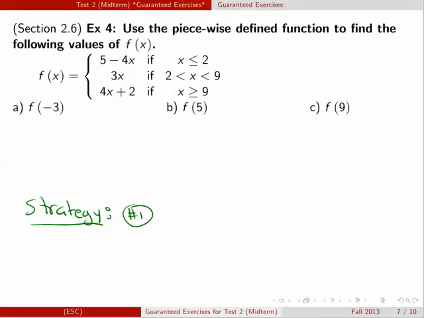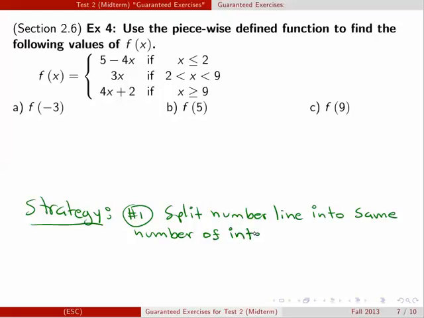So step number one is you need to split the number line into as many intervals, so into the same number of intervals as the number of equations that are in the definition of the piecewise function.